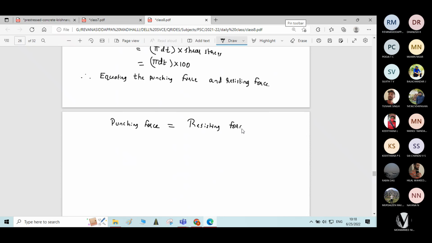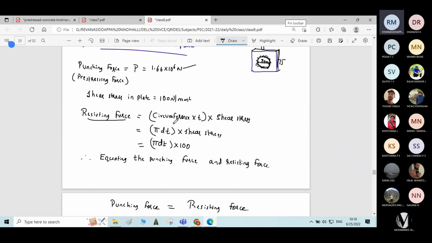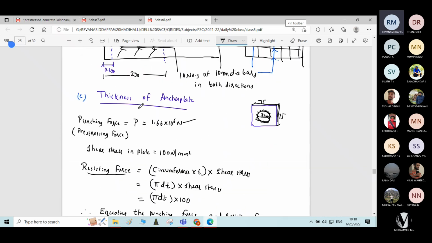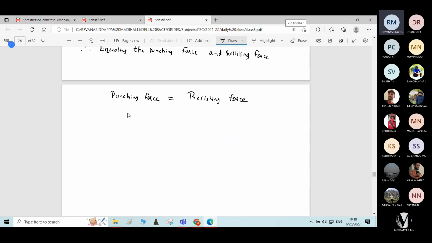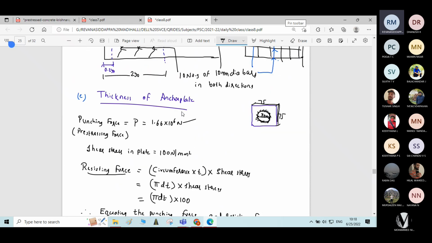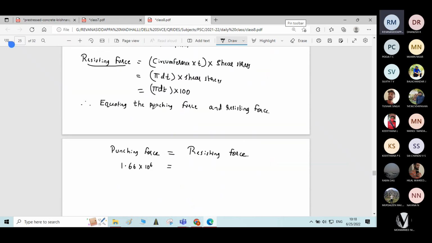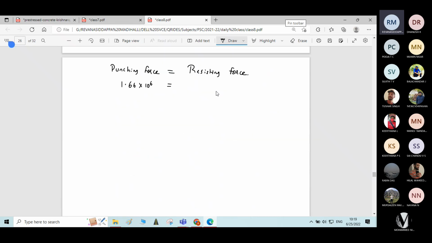This resisting force should be equal to the punching force, then only the plate will be in a safe condition. The punching force is 1.66 into 10 power 6, equal to the resisting force, which we just calculated as pi d t into 100. The diameter of the cone is given, sorry, 30 mm.